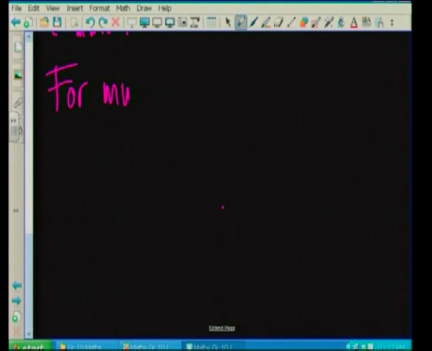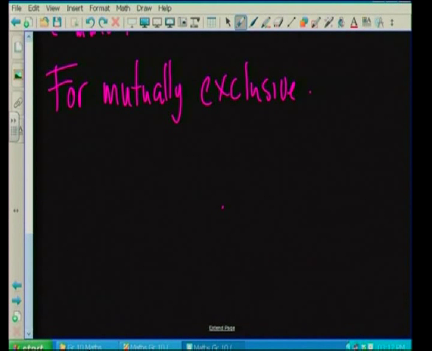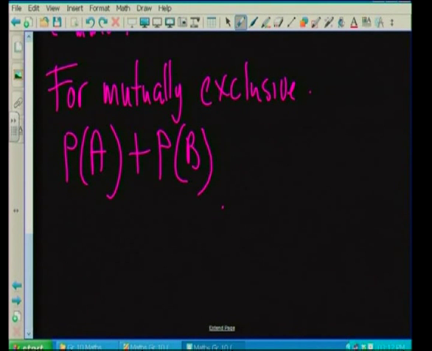So for mutually exclusive, what I need to prove is that the probability of A plus the probability of B is equal to the probability of A or B.